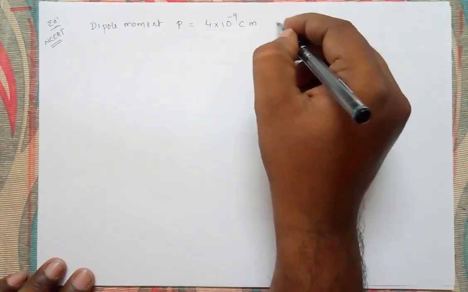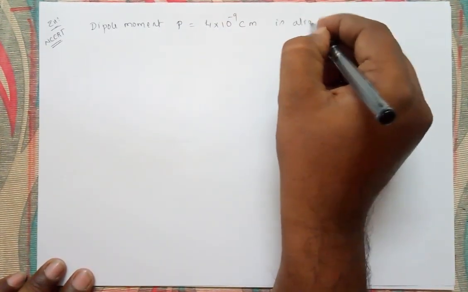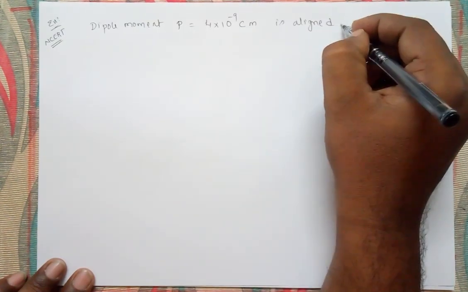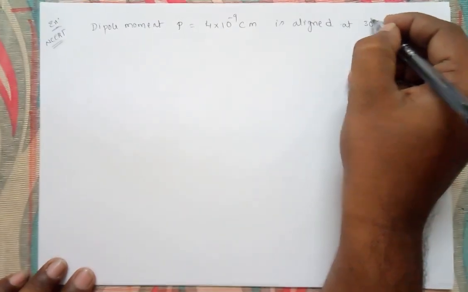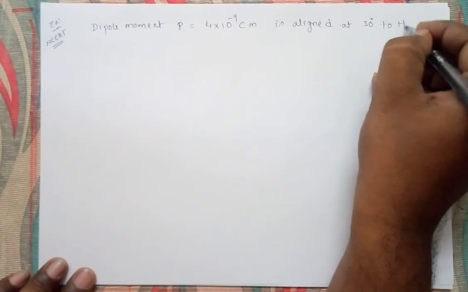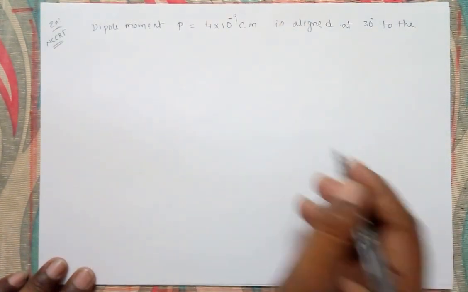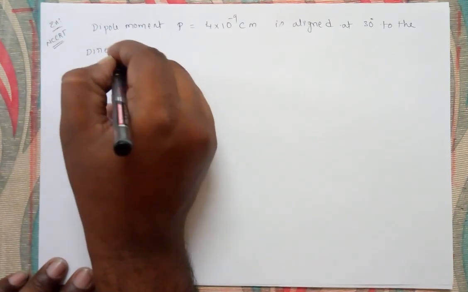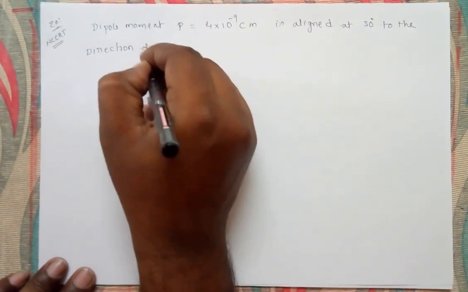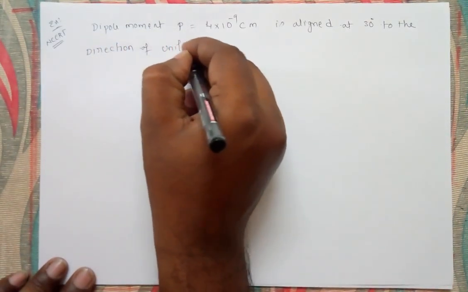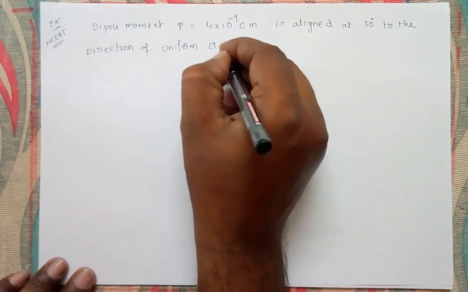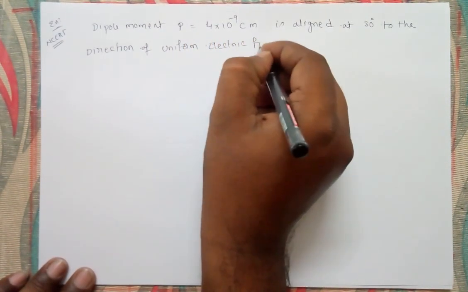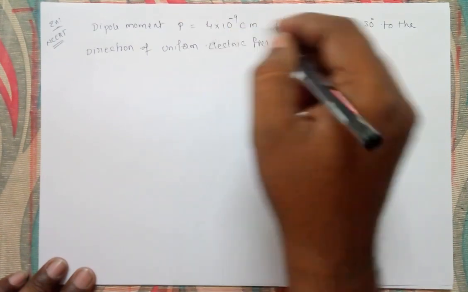is aligned at 30 degrees to the direction of a uniform electric field. What is that uniform electric field?